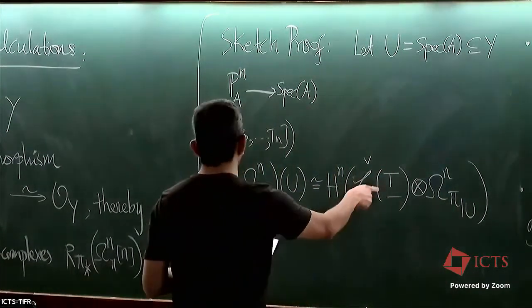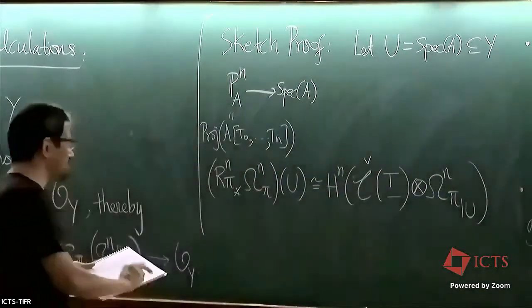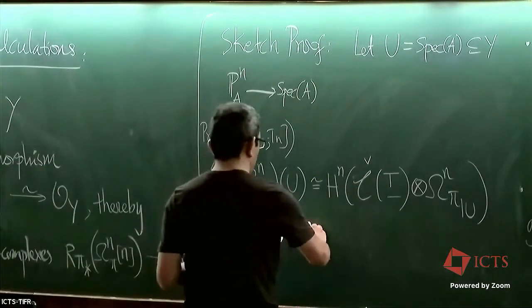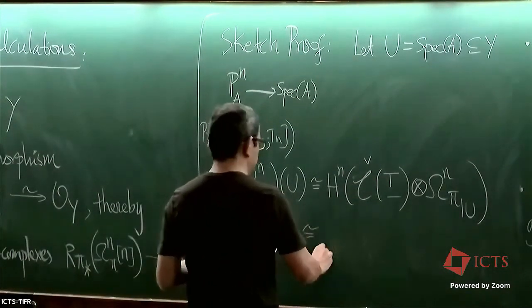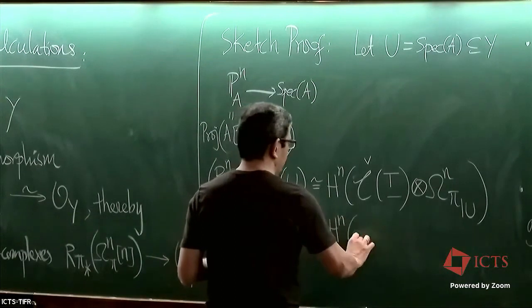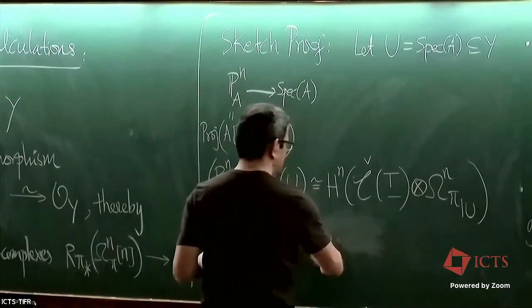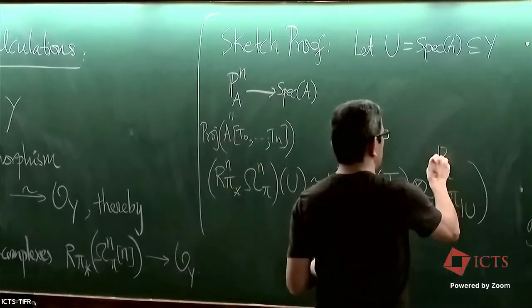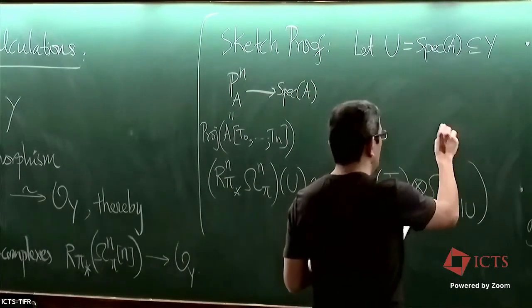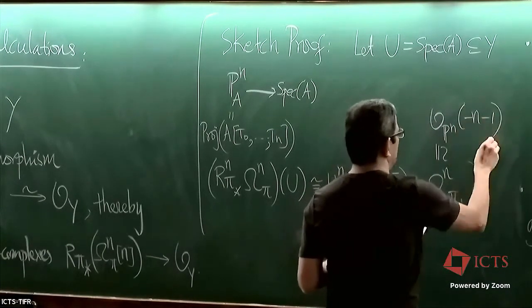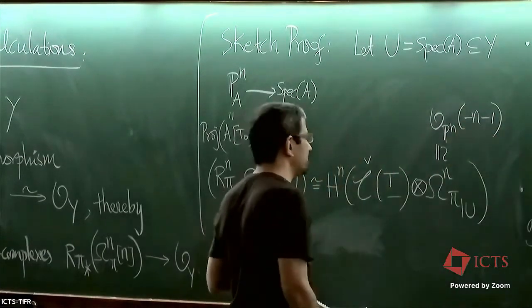I'll be a little loose with subscripts over the tensor, but just see it from the context. And that's isomorphic to again the same Čech complex. Okay, so instead of writing isomorphic like this, let me just say that this is also, though non-canonically, isomorphic to O_{P^n}(-n-1). That comes from the Euler sequence.